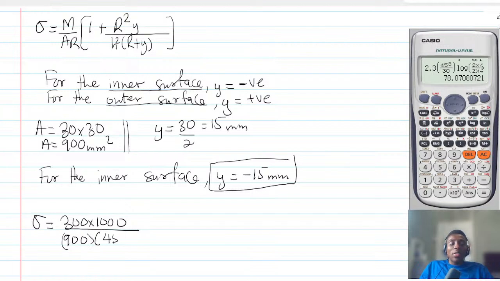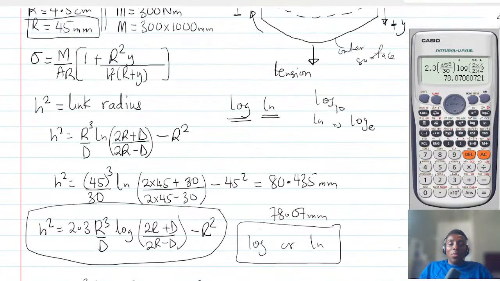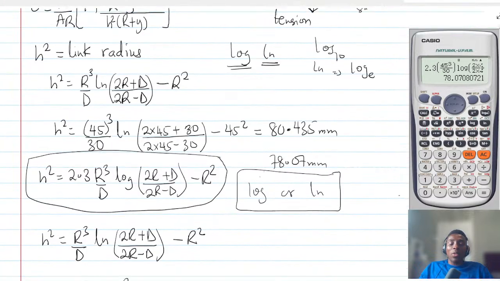The radius of curvature is 45, and then you multiply it by 1 plus the square of the radius of curvature multiplied by y, so minus 15 because of the inner surface or the compression. Then you divide this part by the link radius. If you use the length to calculate, it will be 80.435.